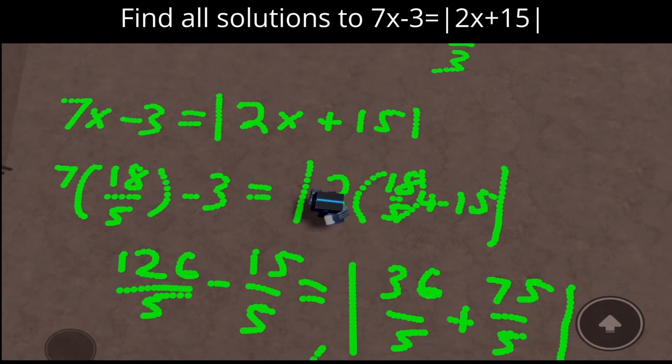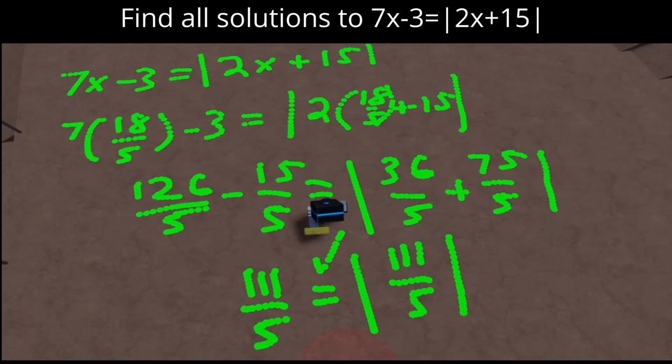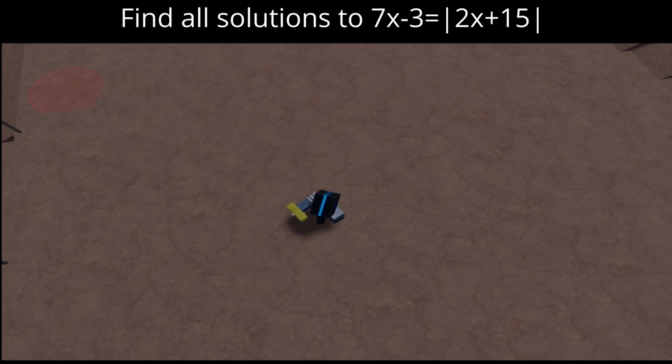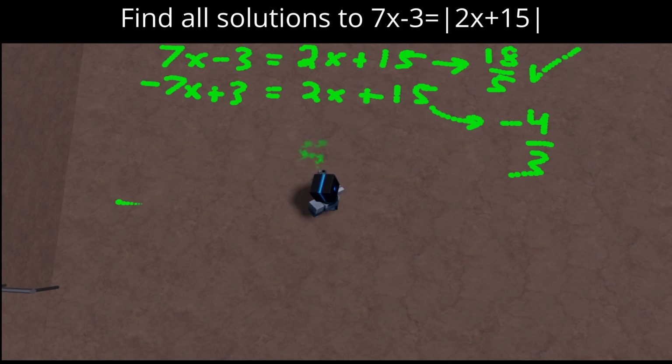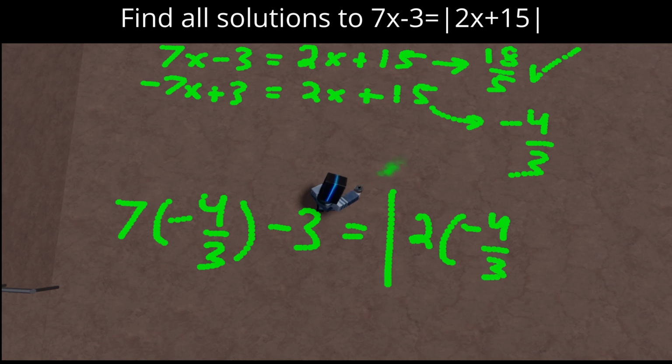Now, let me erase all this work down here, and then what we can do is verify the minus 4/3 solution to see if it's true or false. So we have 7 times minus 4/3 minus 3 is equal to the absolute value of 2 times negative 4/3 plus 15.